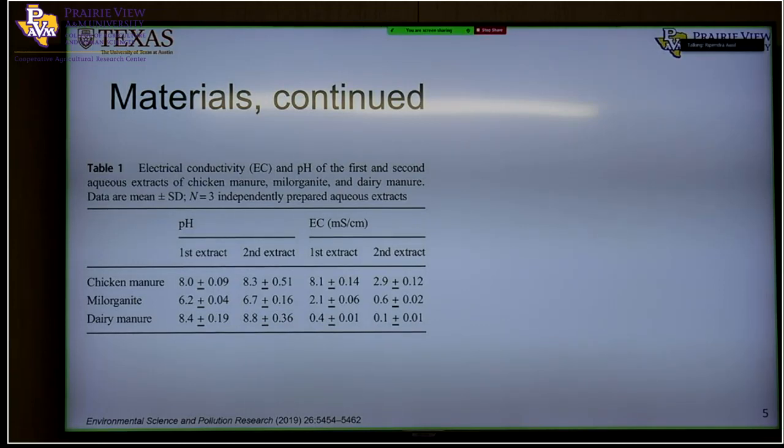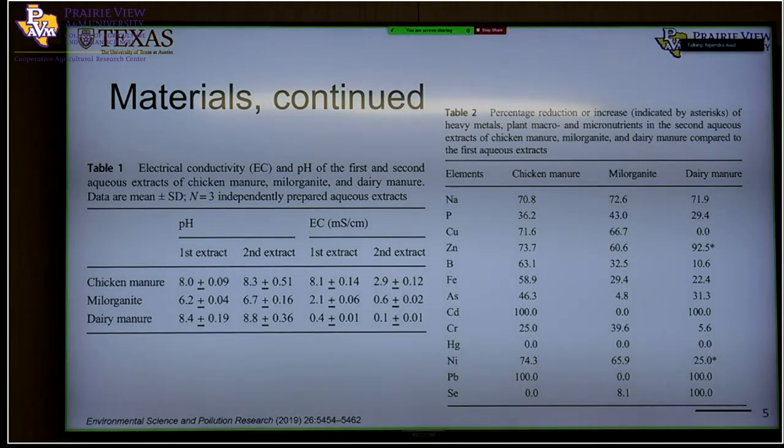The electrical conductivity decreases a lot, so there's less salts. And they also did a more in-depth analysis of percentage reduction and increase for various elements between the first and the second extract. So for the most part, a lot of the elements, like we would expect, decrease in the second extraction because it's diluting.